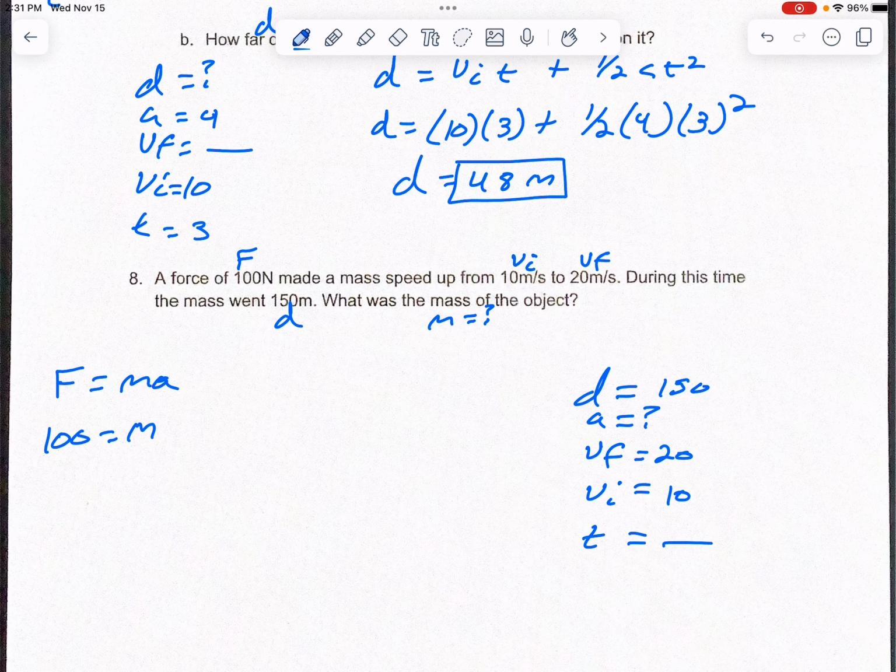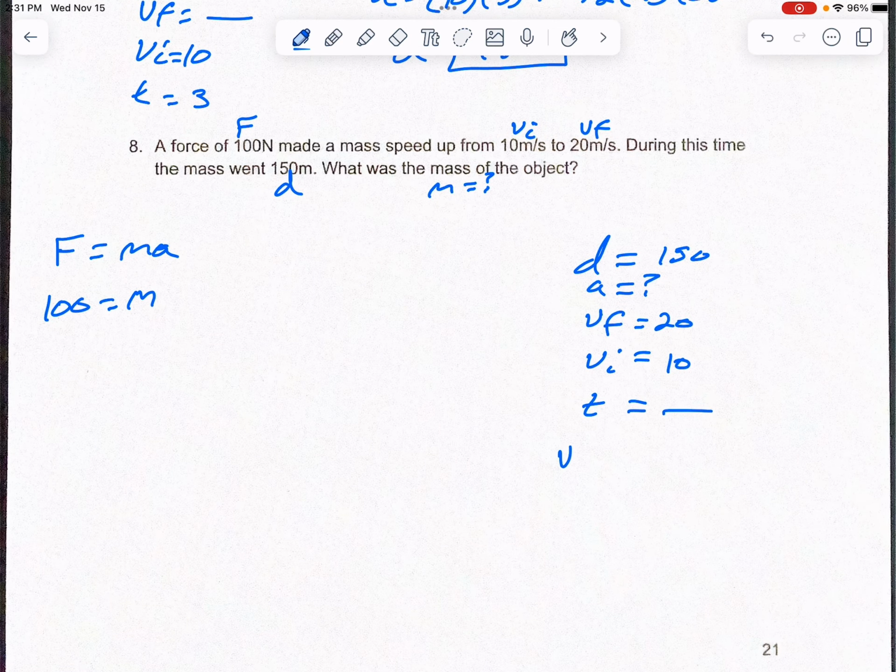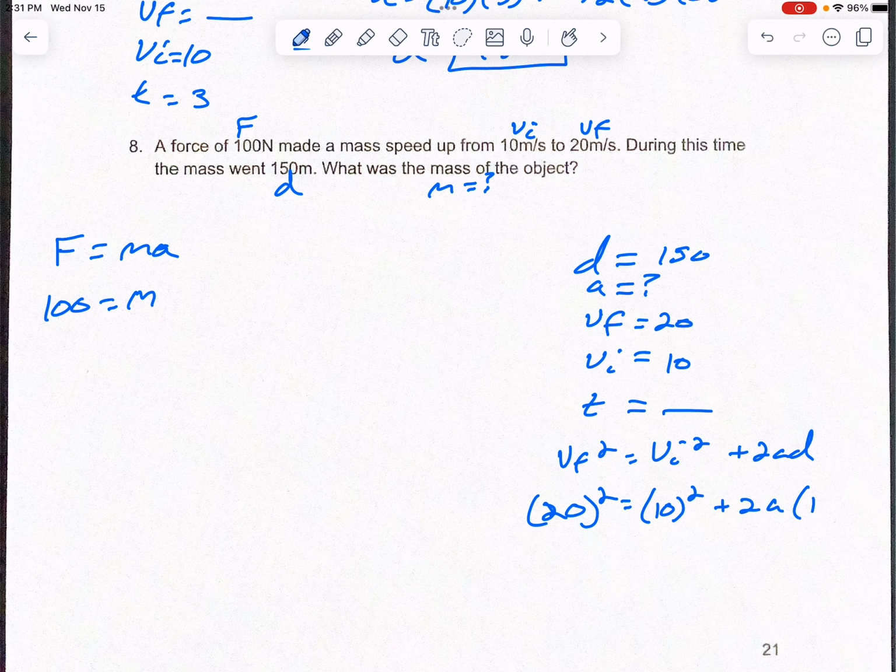That means we did not care about time, so you're going to use equation number 5. VF squared equals VI squared plus 2AD. So 20 squared equals 10 squared plus 2 times A times 150. That basically comes out to 400 equals 100 plus 300A.